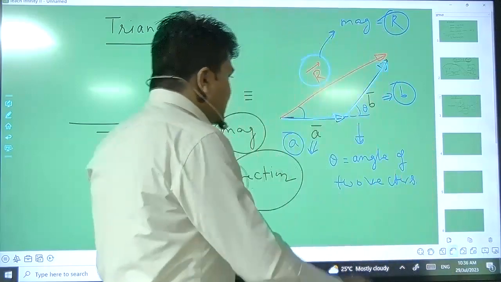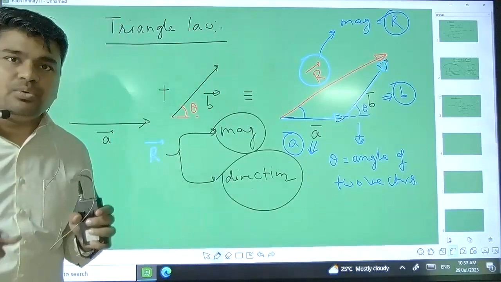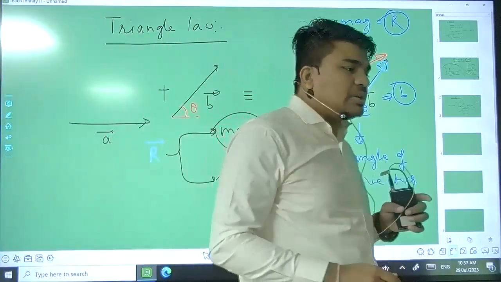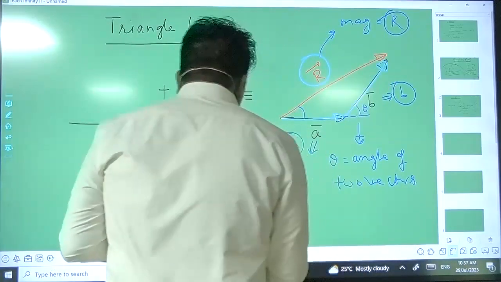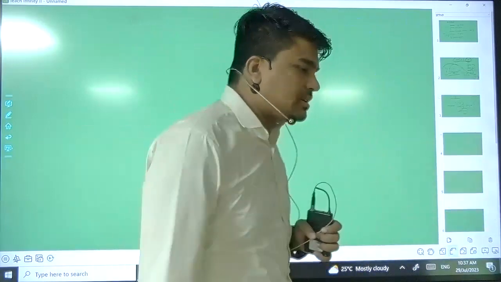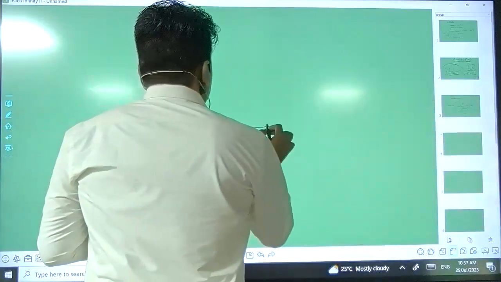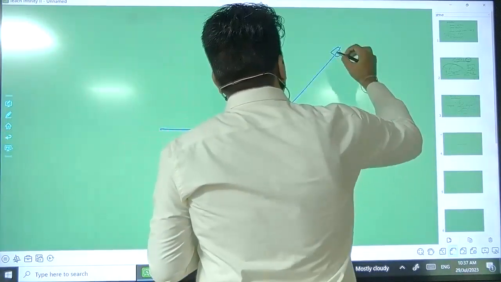This is the magnitude, or you can say the length, of that vector. Now we are trying to solve for the magnitude of the resultant vector.